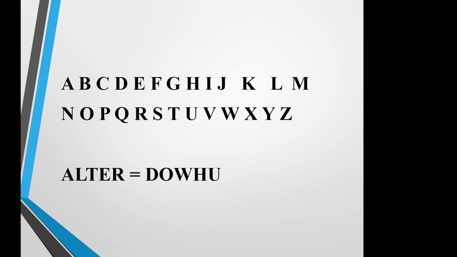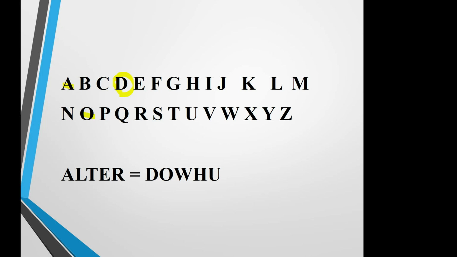First we take the letter A, and the corresponding letter is D, that is 1, 2, 3, plus 3. After 3 letters we are getting D. Next letter is L, and the corresponding letter is O. So 1, 2, 3, here also plus 3.